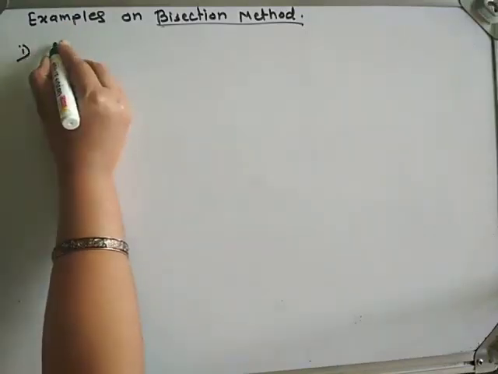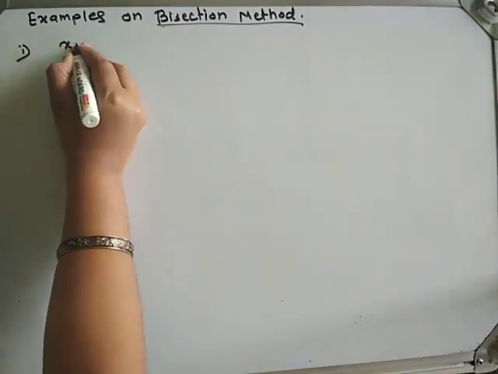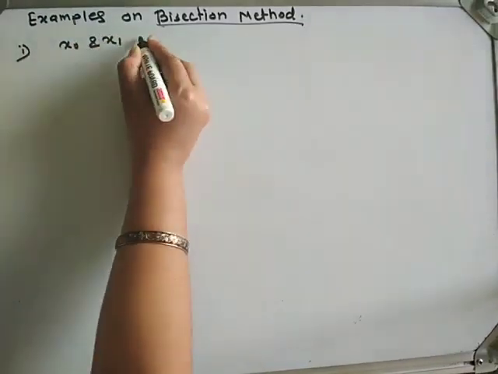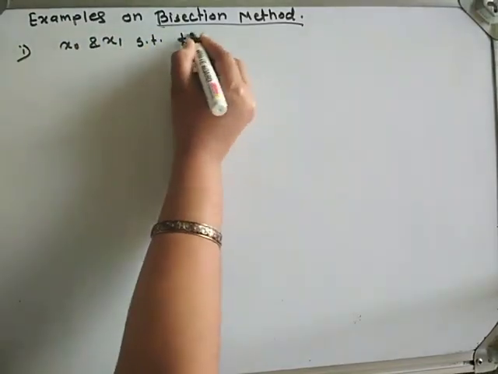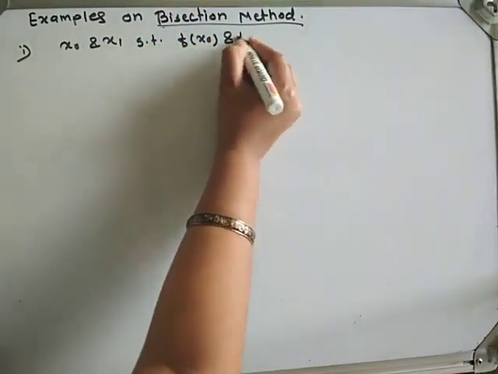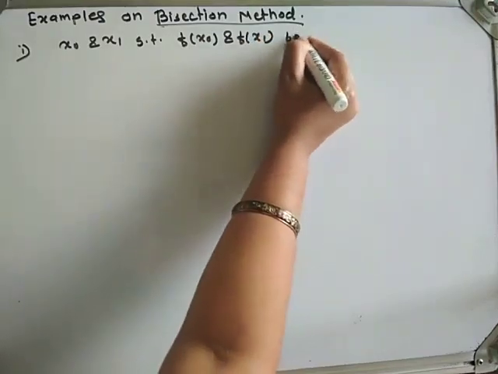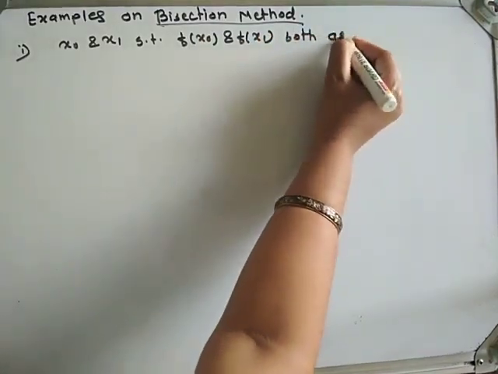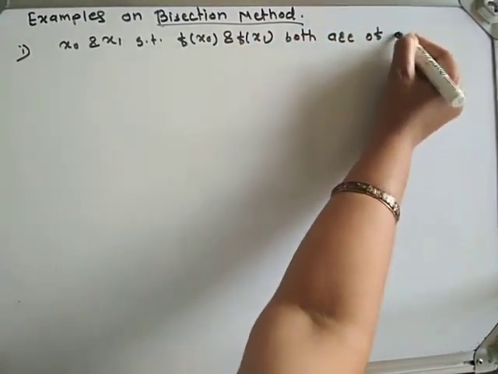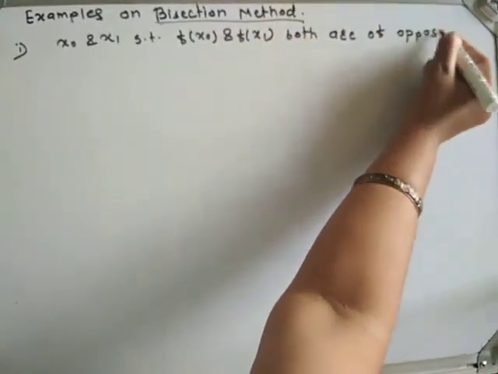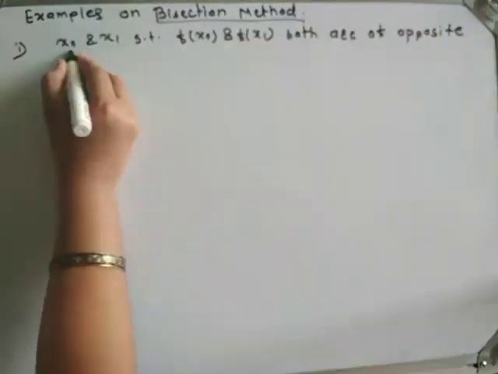In the first step we have to find two points x0 and x1 such that f of x0 and f of x1 are both of opposite sign.